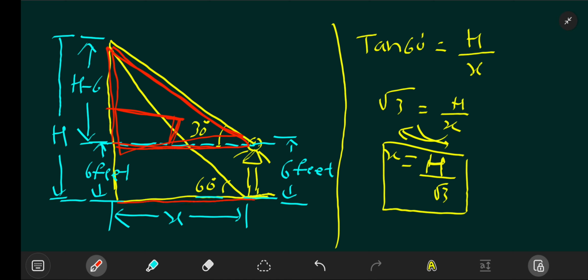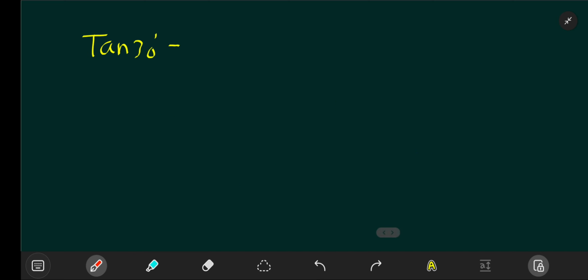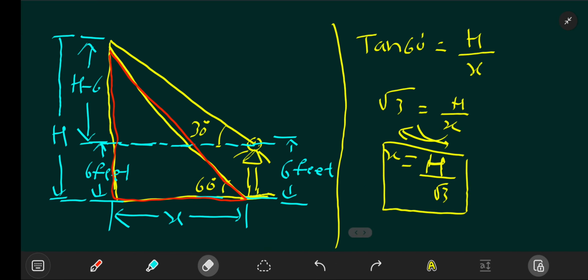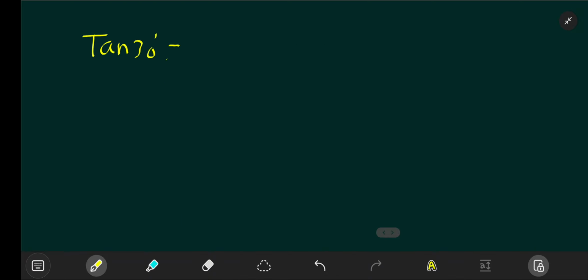This length is equal to this length, so both are equal lengths, and this length is also x. Now tan 30 degrees is the perpendicular side h minus 6 divided by the base side x.